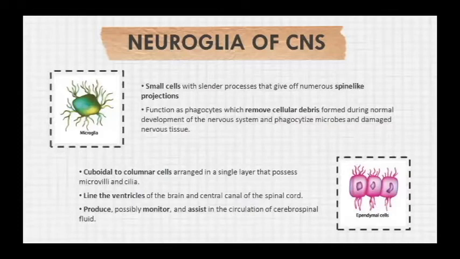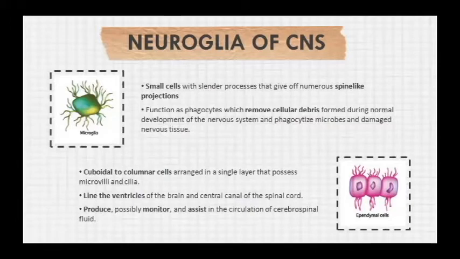They line the ventricles of the brain and the central canal of the spinal cord. They basically produce, possibly monitor, and assist in the circulation of the cerebrospinal fluid, which is the fluid that we could find within the brain and the spinal cord.